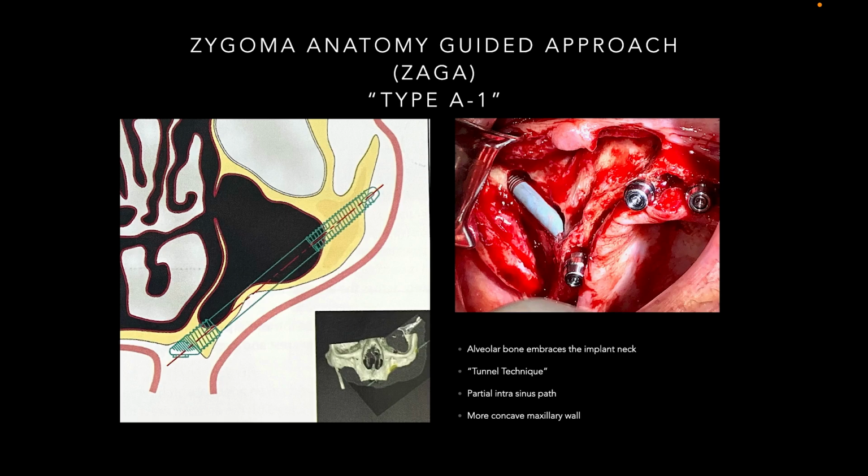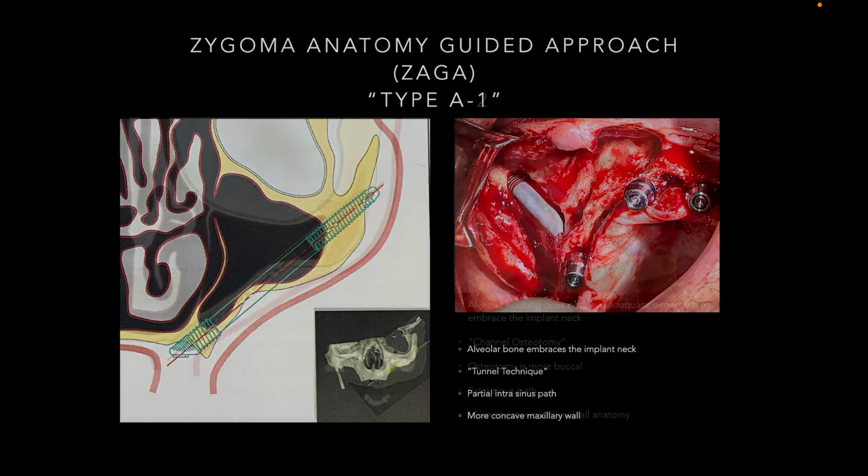This, again, doesn't cause any problems for the patient. They're not going to feel it. There's nothing different. But the important thing, again, is that you have apical penetration of that implant, and at the crest you also have bone surrounding the neck of the implant. So the A0 and A1 are very similar in nature.